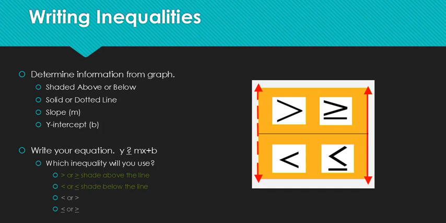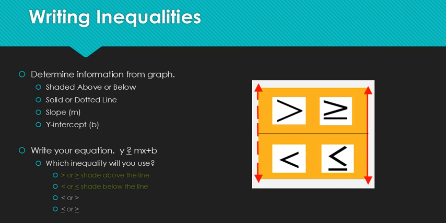So, if you have greater than or equal to, it will be shaded above the line. Okay? If you have less than or equal to, it'll be shaded below the line.